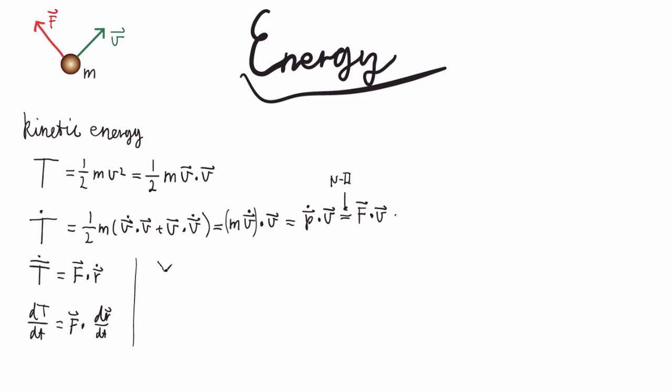I can then take this and multiply by dt, and I will then obtain that the change in kinetic energy equals the force scalar some differential displacement. So if I move a short distance, dr, my kinetic energy changes by the amount force scalar dr.